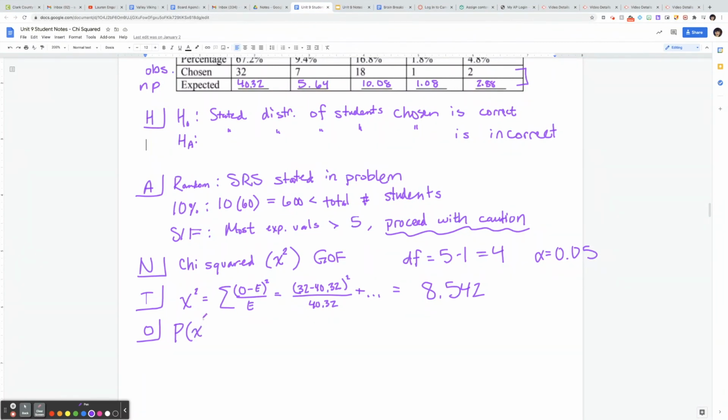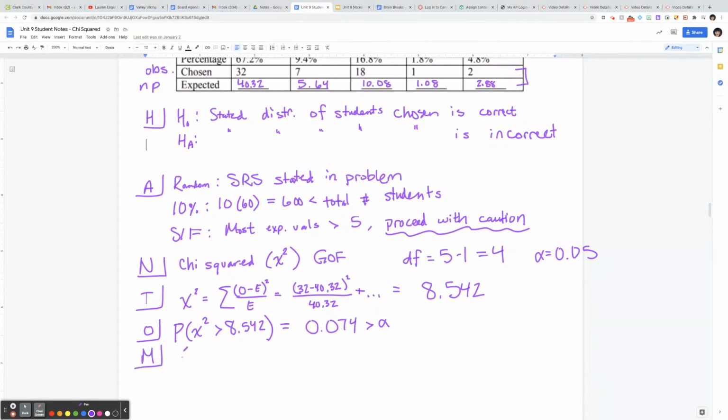The way you write the probability notation is the probability that chi-squared is greater than, it's always greater than, your chi-squared test statistic, 8.542, equals the p-value your calculator gave you. My calculator gave me the p-value 0.074, which obviously is greater than my alpha value.